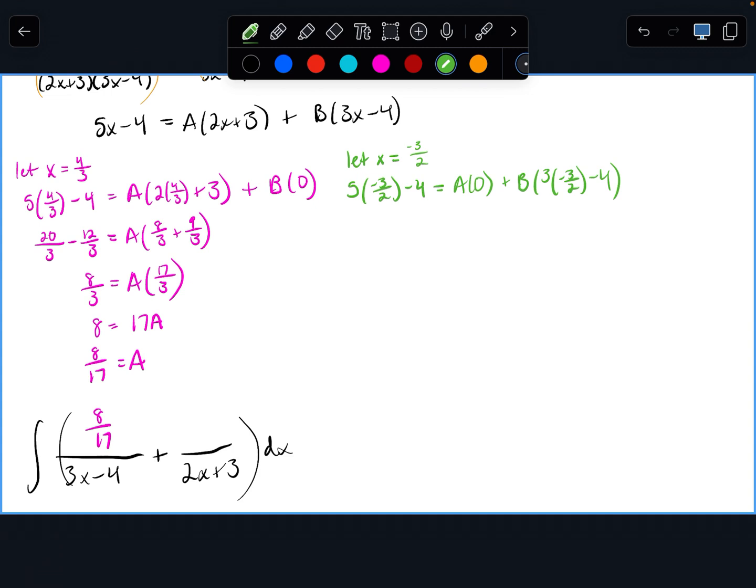And then, here we go, common denominator. So what is this? -15/2 minus 8/2 equals B times -9/2 minus 8/2. Let's make everything negative because that's fun. Okay, what is that? -23, right?